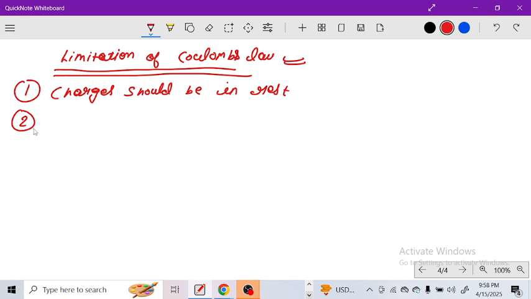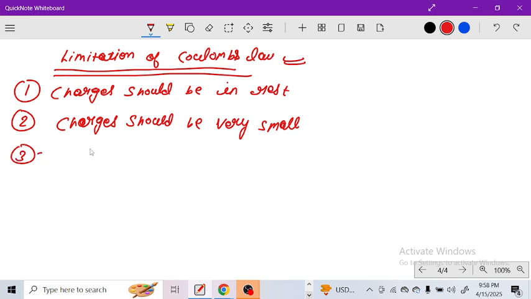The second one is, charges should be very small. Charges should be very small. The third point is, separation between charges should not be very large as well as small.